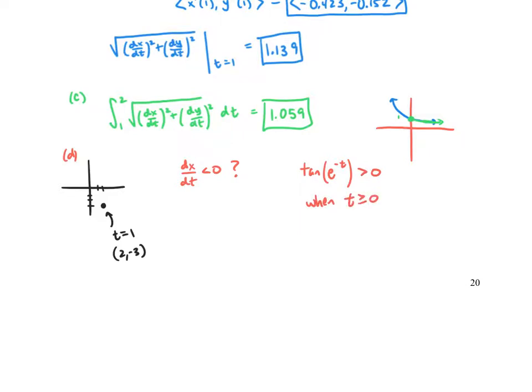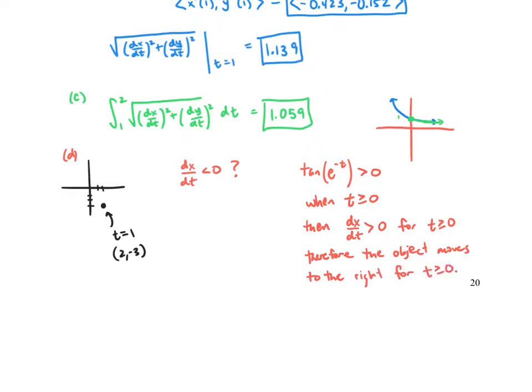That's important for us because we could say then dx/dt is greater than 0 for t greater than or equal to 0. Therefore, the object moves to the right for any value greater than or equal to 0.